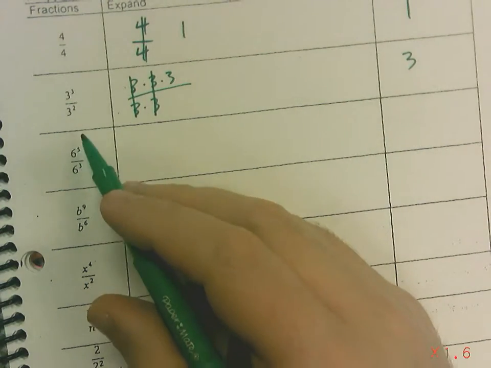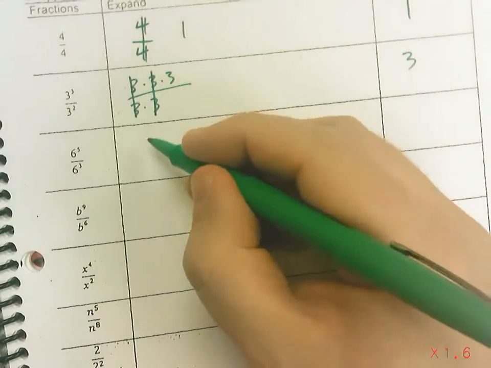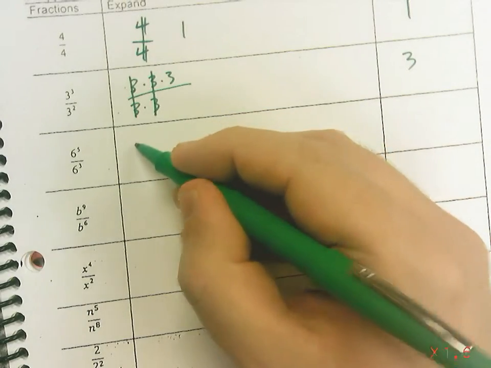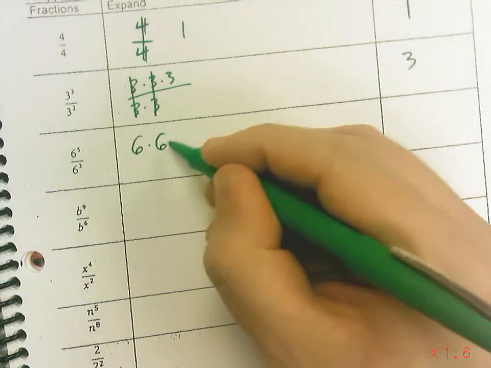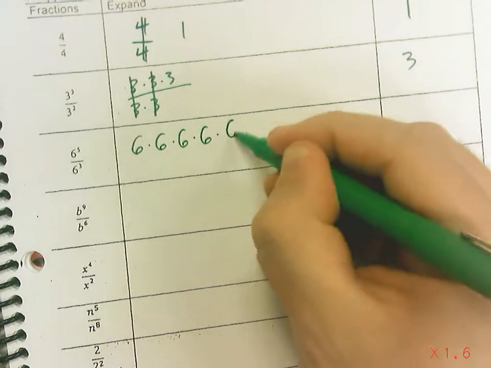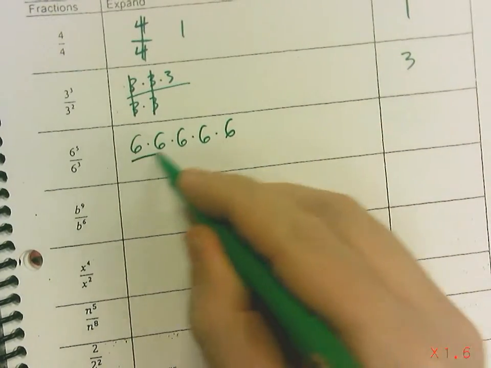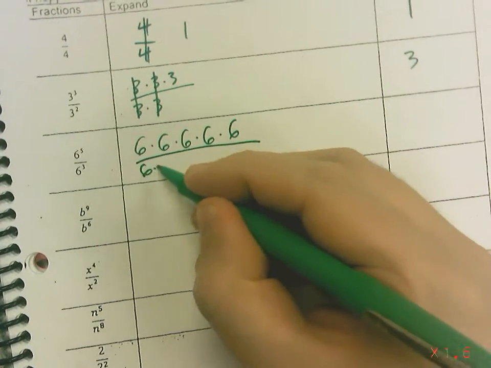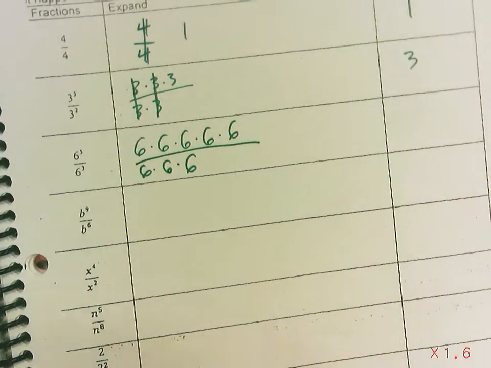Let's look at this one: 6 to the 5th power over 6 to the 3rd power. Let's expand them out. We have 6 times 6 times 6 times 6 times 6, so there's five 6's, over three 6's.